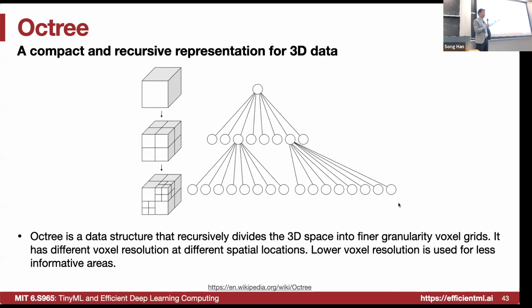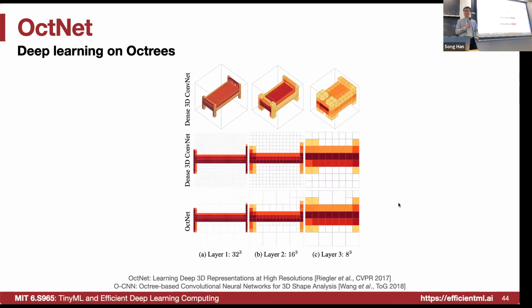For example, at one location there might be some fine-grained details that we have to pay attention to, so we have a more fine-grained representation there. At another location we have a coarse-grained representation where it doesn't have any children. So this is another irregular data structure that can recursively divide the 3D space into finer-granularity voxel grids.